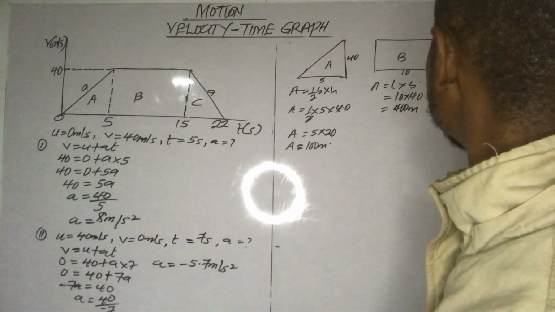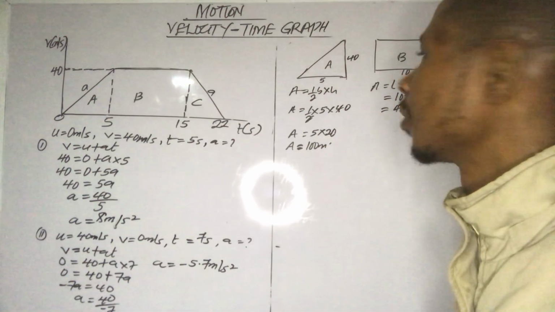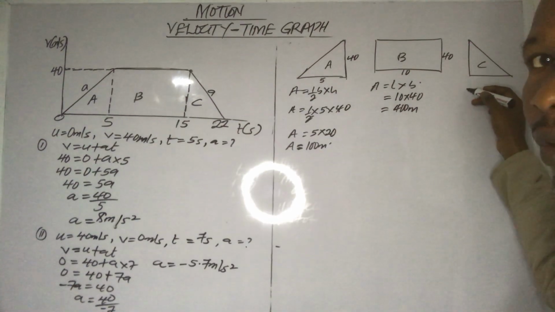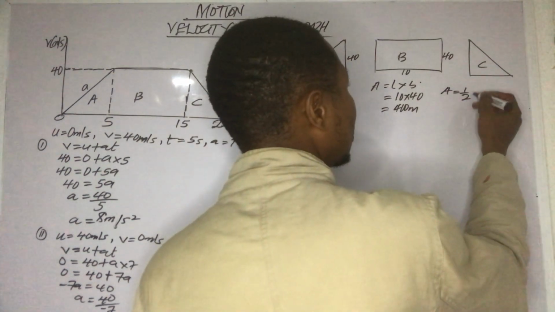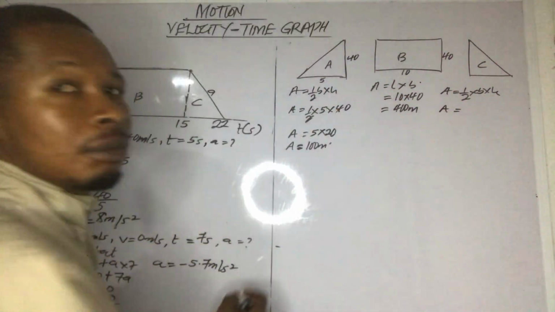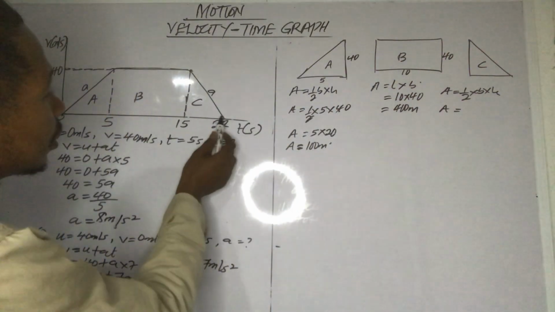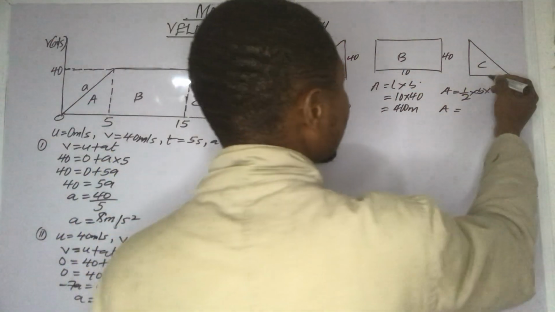Then the area of the other shape, which is also a triangle. Area of triangle in this case is still half times base times height. Then the base in this case is this minus this, from here to this place, and that is 7.